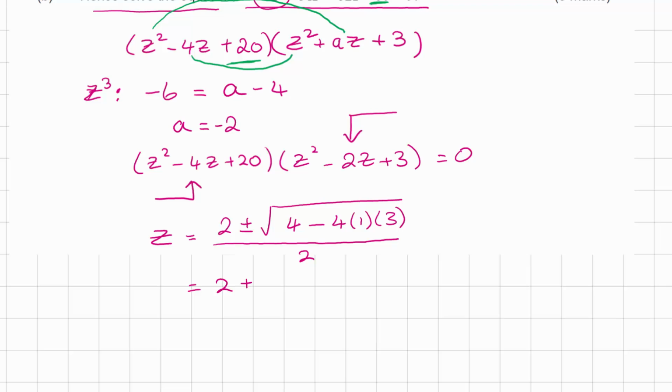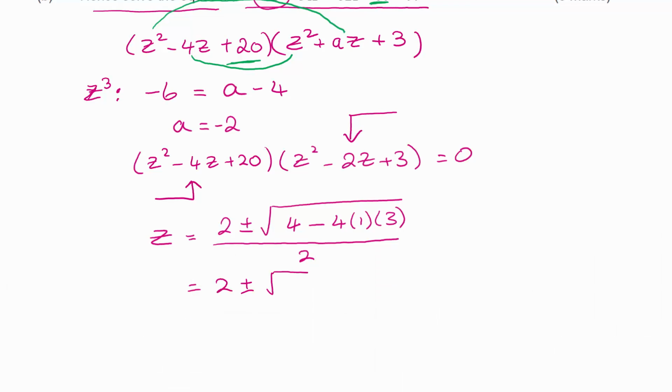So that's 2 plus or minus the square root of 4 take away 12. And of course, root 8 is root 4 root 2, which is 2 root 2.